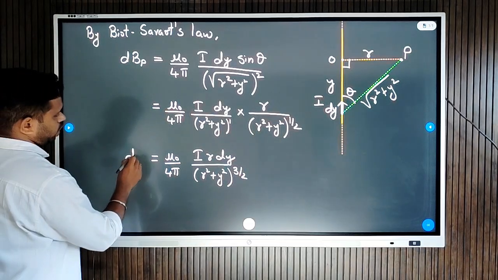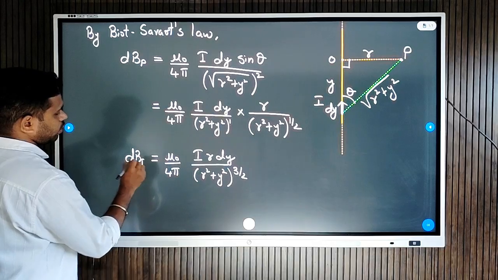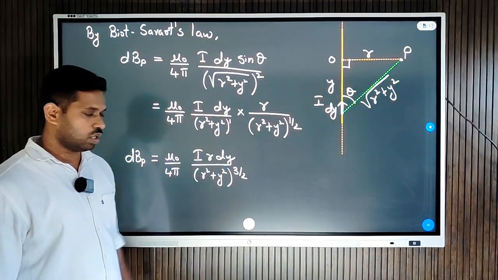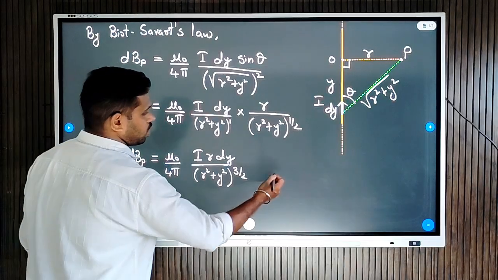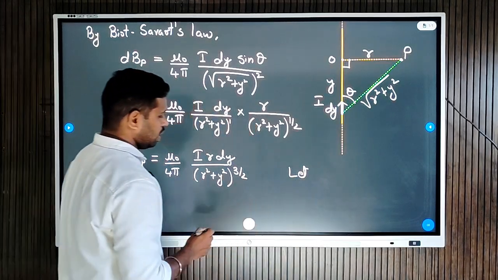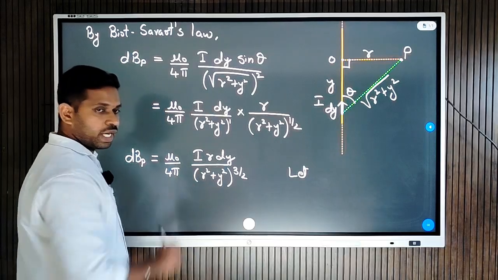Now to evaluate this function further, we have to assume something, since I want to integrate this.